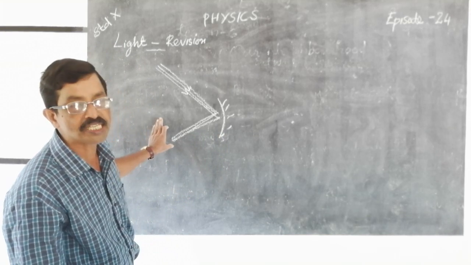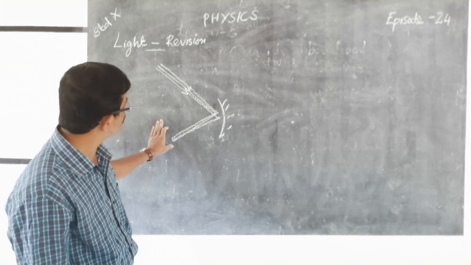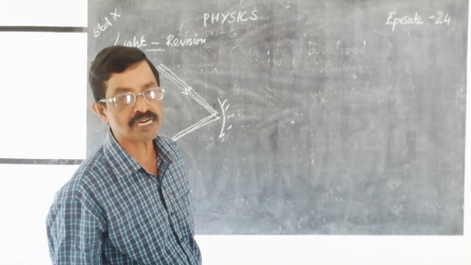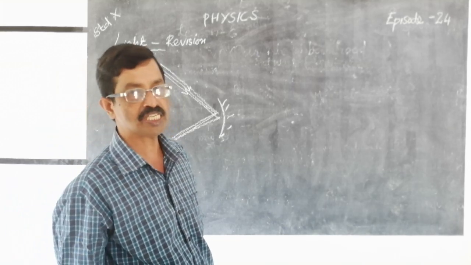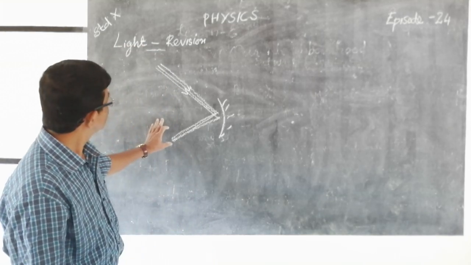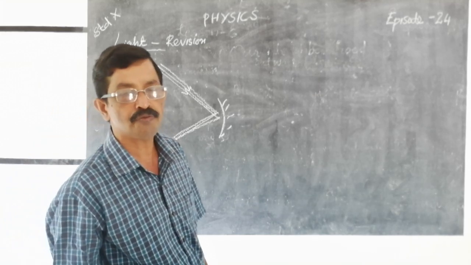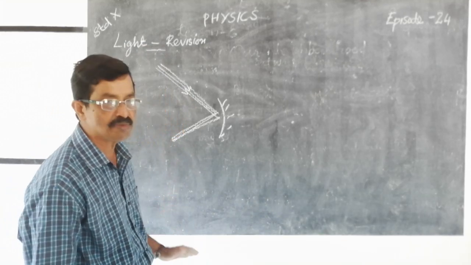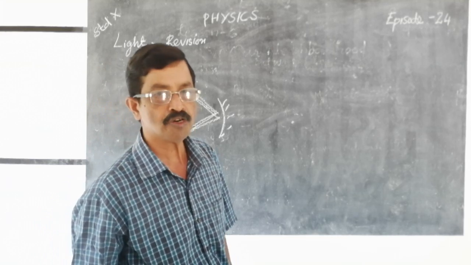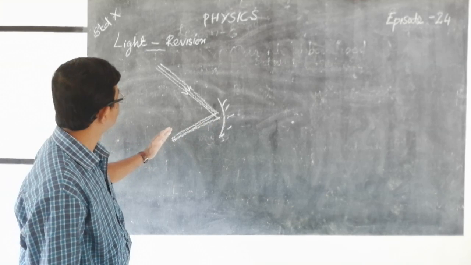That bright spot is the image of the sun. That bright spot we got on this paper is the image of the sun. That image is formed in its focus. So we get the focus of this concave mirror.